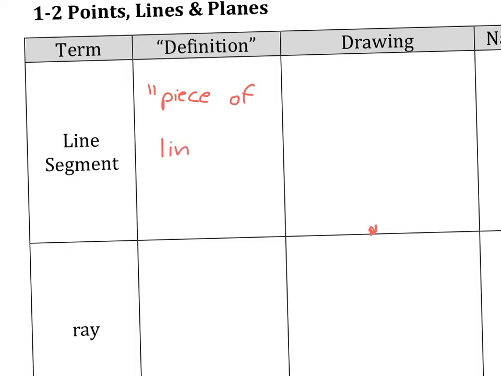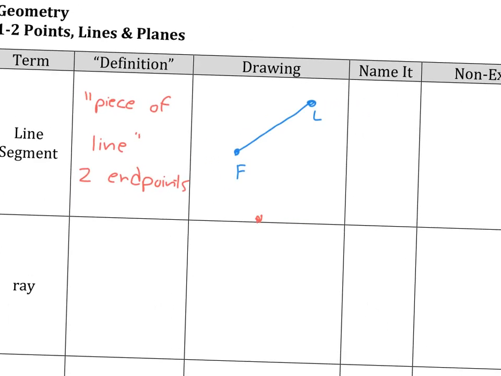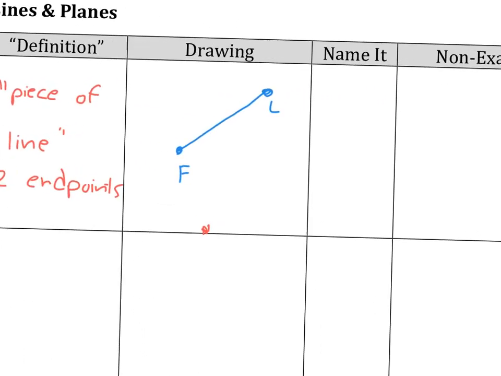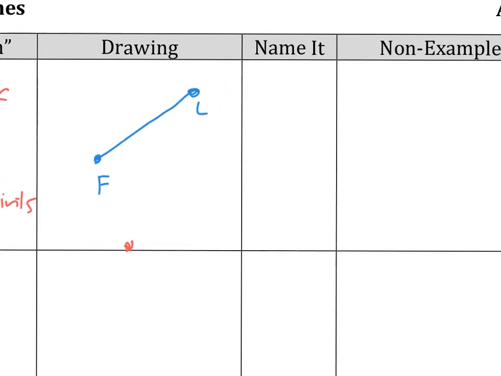Piece of the line. And it does have to have two end points. So, of course, my diagram, a beginning and an end, F and L. And this here, FL, is my line segment, or simply segment is fine to say.